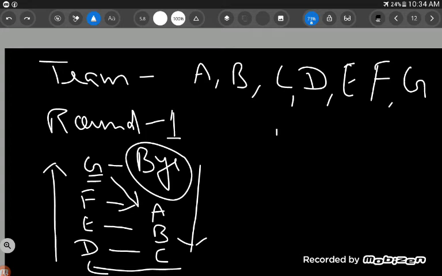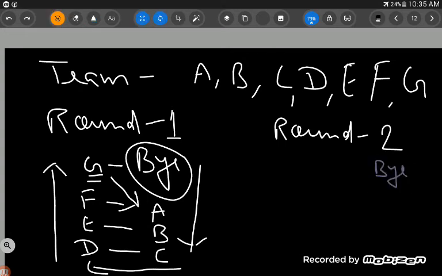In the second round, round 2, again we will write the bye according to your rule, right hand side at the top.